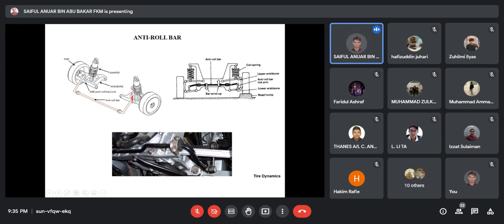Okay, so basically this is your stabilizer bar. Any car will have a stabilizer bar, depending on how simple it is. For example, the stabilizer bar, sway bar or anti-roll bar in the Kancil is too simple.